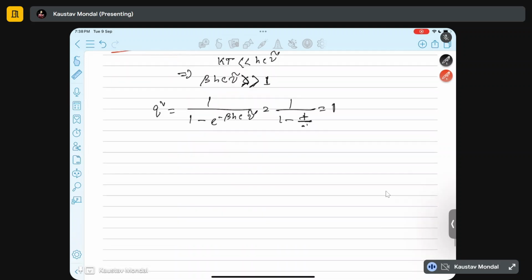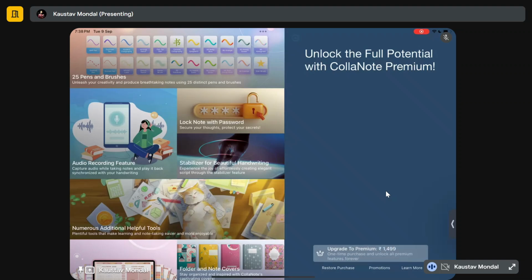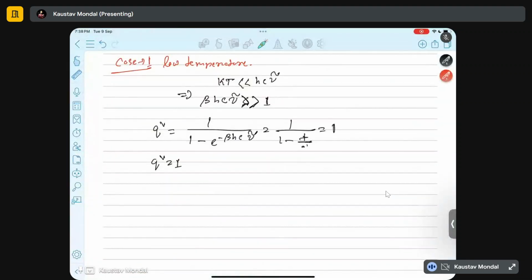So QV is simply equal to 1 for the case where the temperature is much lower, which is consistent with the energy scale, as we have discussed that at low temperature the contribution from the vibrational partition function will be very nominal, which is reflected here also. As you can see, for very low temperature the vibrational partition function becomes equal to 1, right? So it's consistent with whatever we have derived.